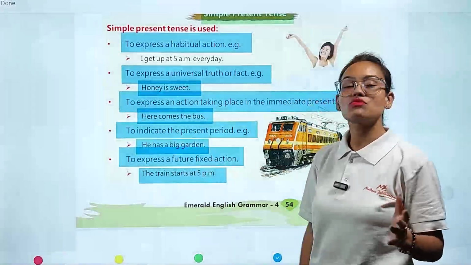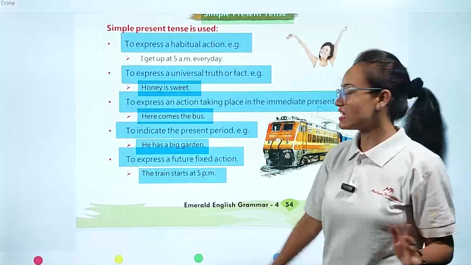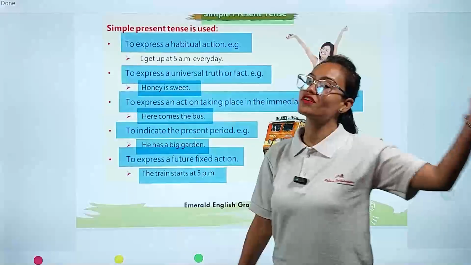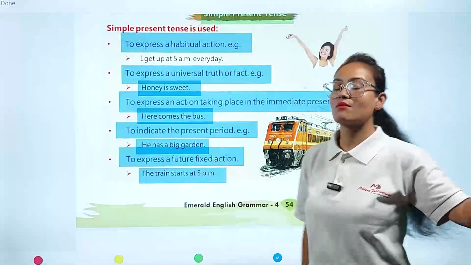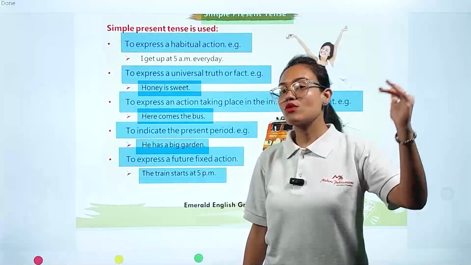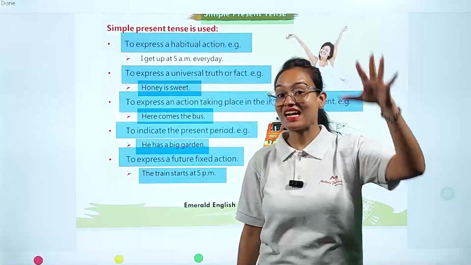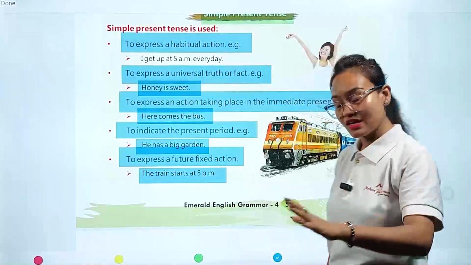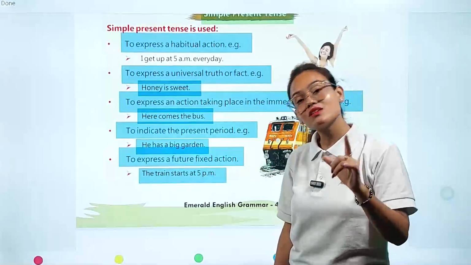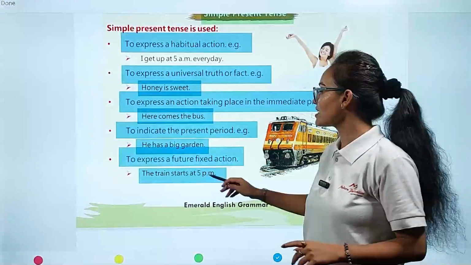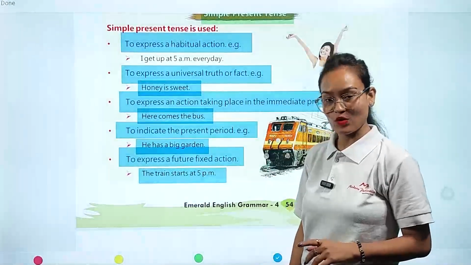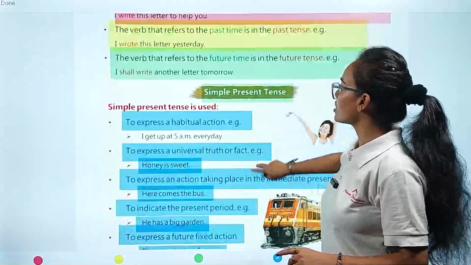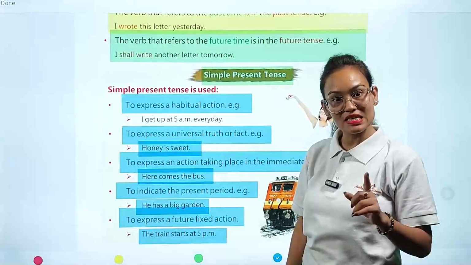Here we also use simple present tense. Now the last, to express a future fixed action. Whenever we are talking about an action which we are going to perform in the future but at a fixed time, we also use simple present tense. Example, you can say the train starts at 5 p.m. So in all these cases we use our simple present tense.